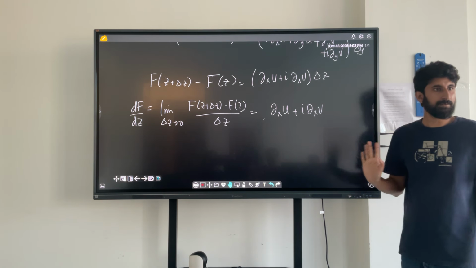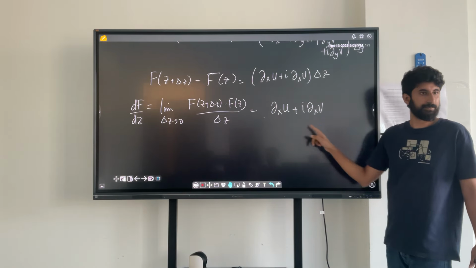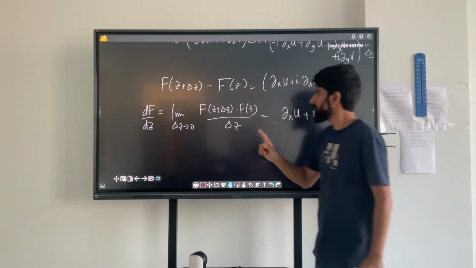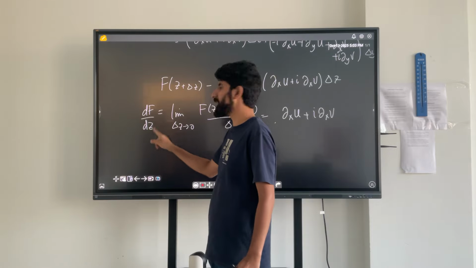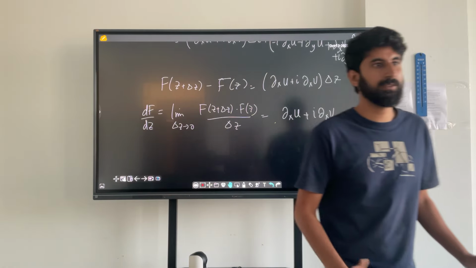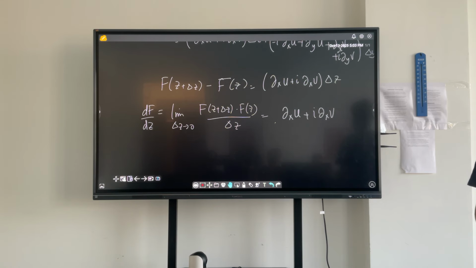Now, let's go back to this. So I defined a derivative. Remember, you will see later on that I can take d by dz as if I am differentiating a real function. For example, f of x equal to x square: what is df by dx? 2x.